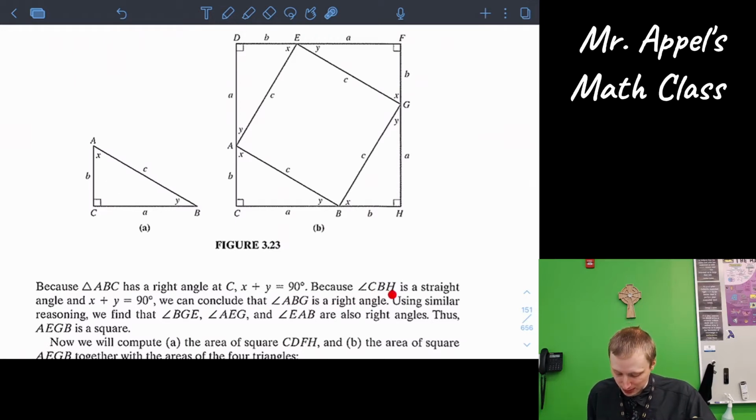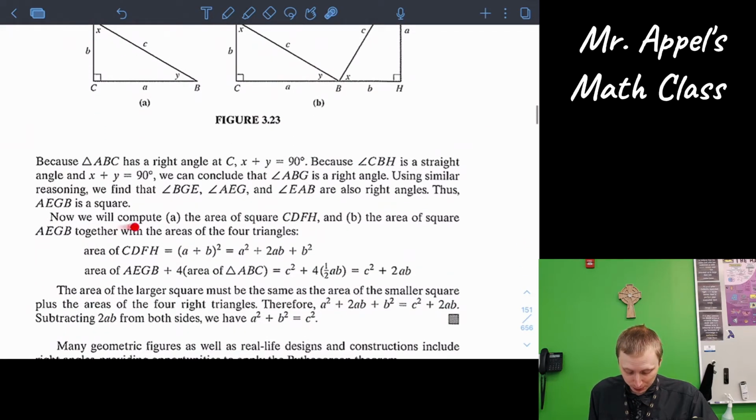Because angle CBH is a straight angle, CBH down here, and x plus y equals 90, we can conclude that angle ABG, so they're talking about this angle inside here, ABG is a right angle. Using similar reasoning, we find angles BGE, AEG, and EAB are also right angles. So they're saying that all of these 4 corners of this shape inside here must be right angles. Thus, AEGB is a square.